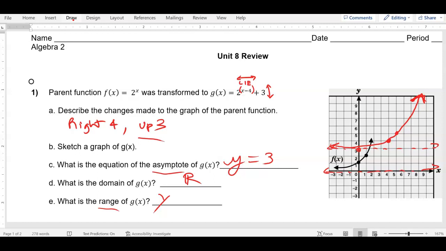So above is not equal because it's dashed. Above is greater than, not equal, not underlined, 3. So the asymptote is at y equals 3. The range is above it, so it's greater than 3.